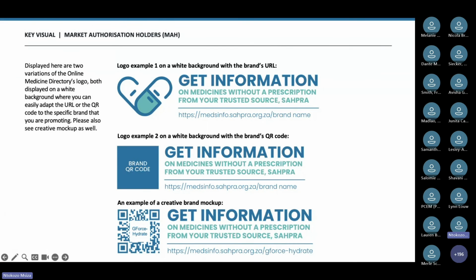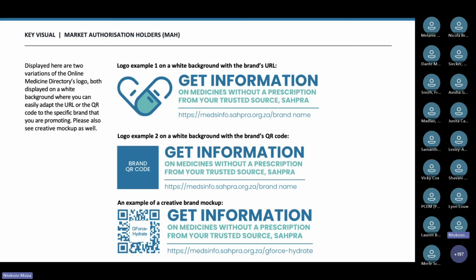When placing the logo on your website, you can use the logo, and you can also change the URL at the bottom. So if you go to the OTC site, and you go to companies, you can find a list of companies, and each company has its own URL, and you can place that URL where it has the URL of the brand's info at the bottom there.